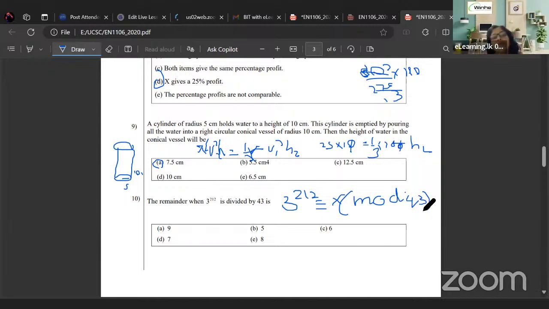Now what we have to do is find the value of x so that it gives the same answer. Right? Here you can do one thing.